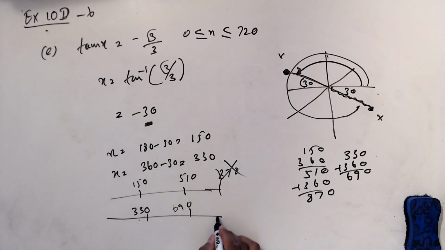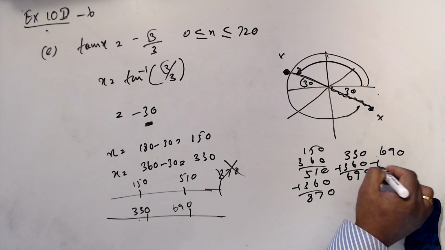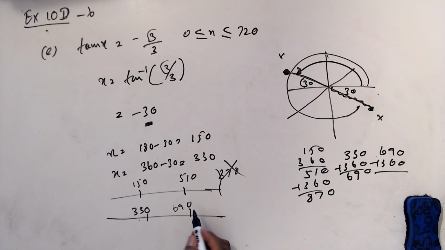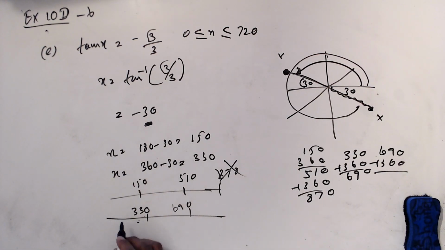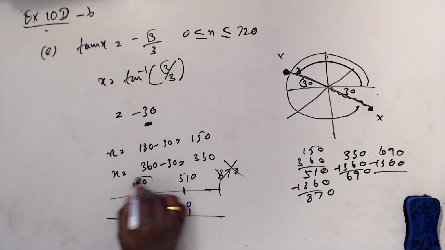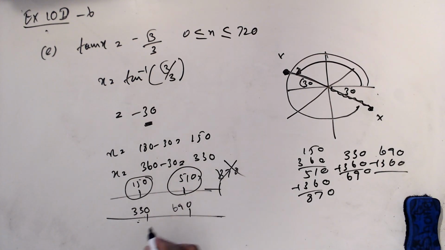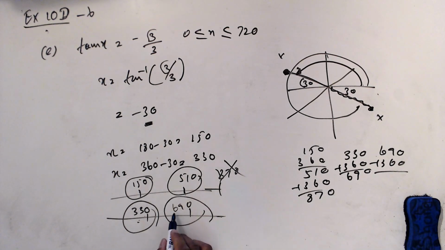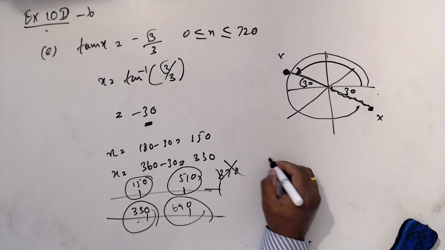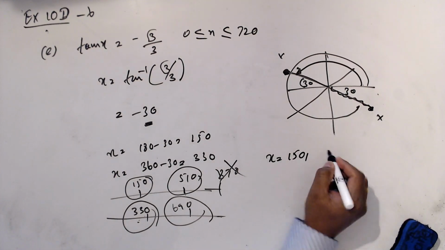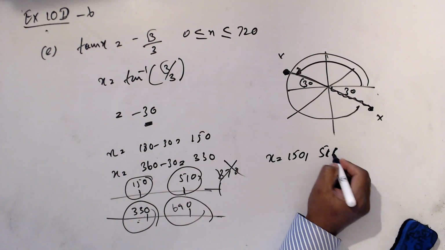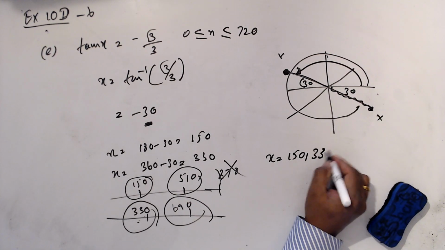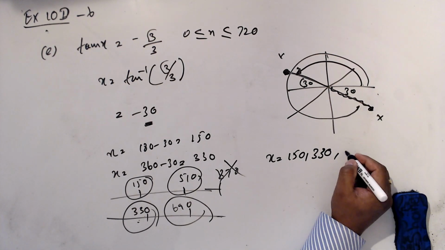Adding another 360 is definitely more than 720, so we don't need it. So we have four answers: x equal 150, 330, 510 and 690. I will write them in ascending order.